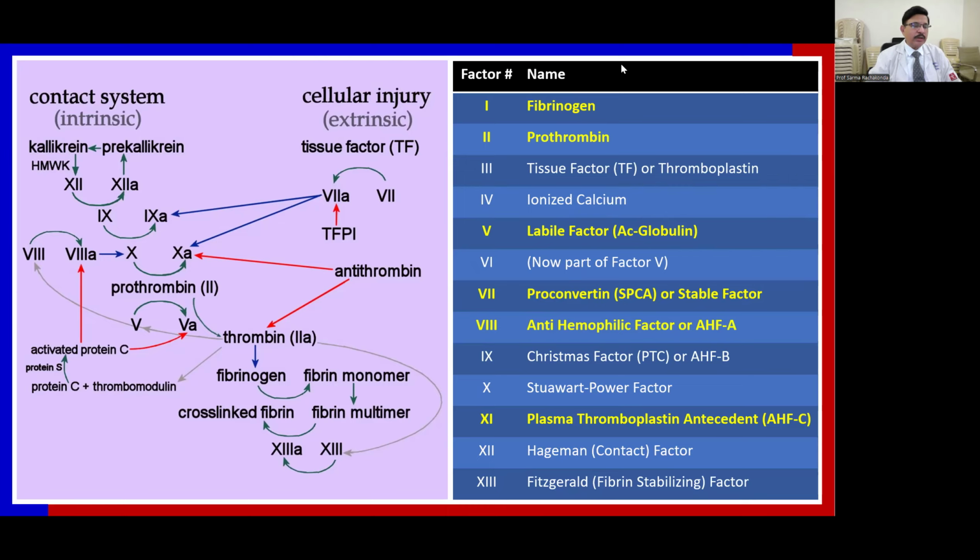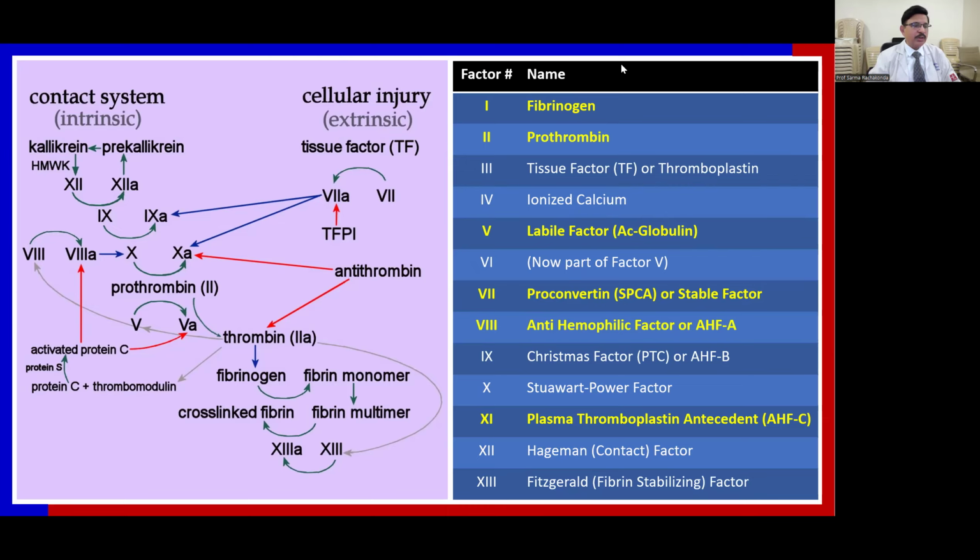What is tissue factor? There is a factor in the subendothelium which converts the thromboplastinogen into thromboplastin. And that thromboplastin is required for activation of 10 to 10A. Tissue factor is required for the activation of 10 to 10A. 10 to 10A is the final step.